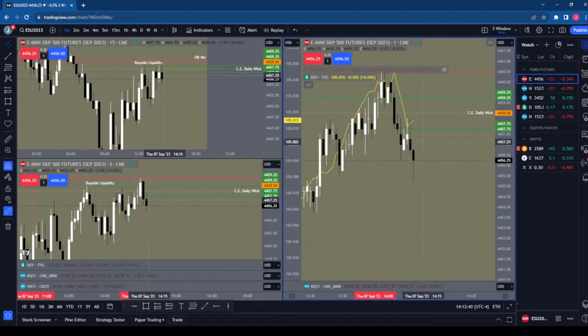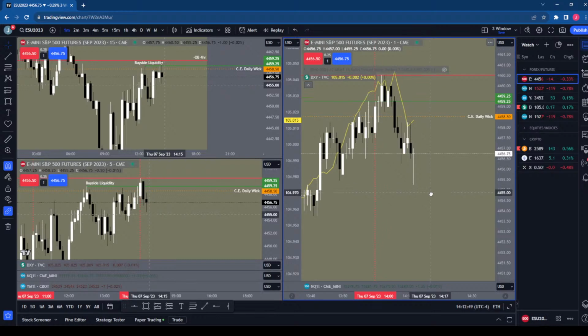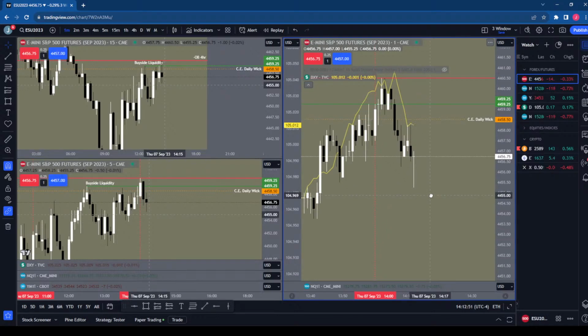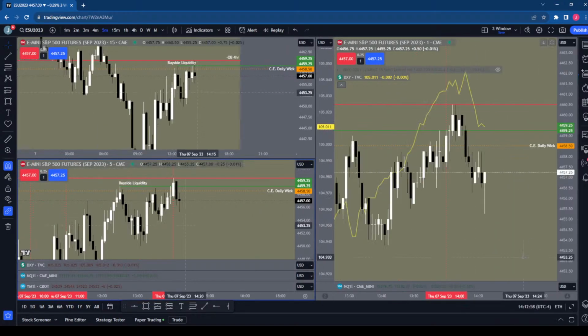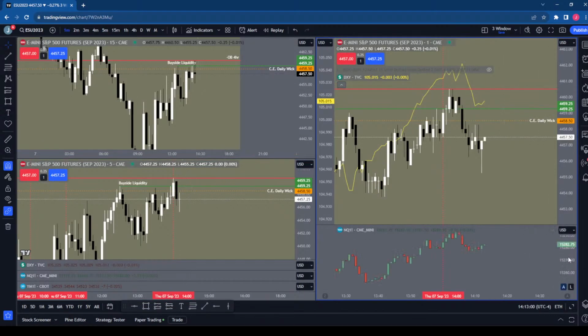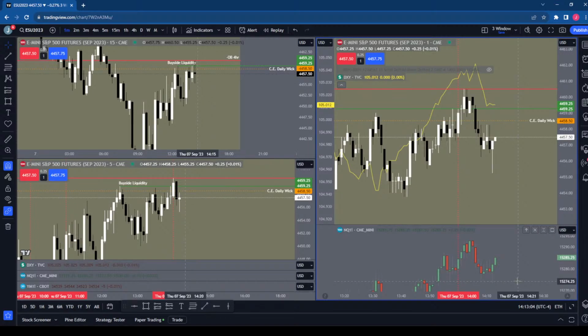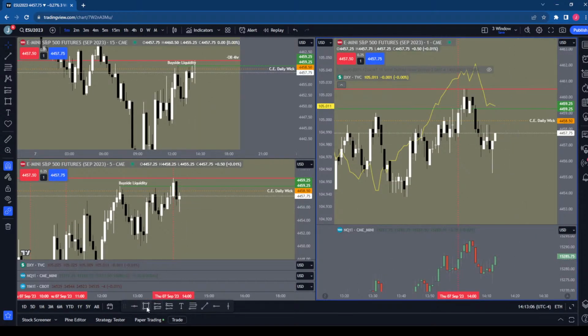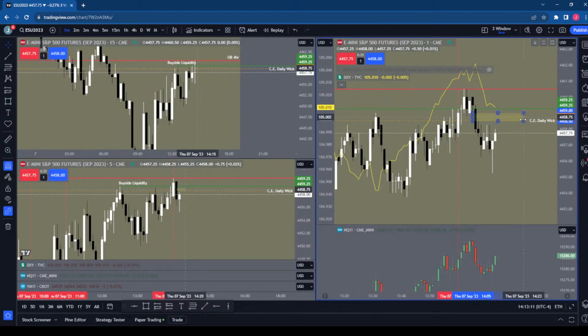I don't have it. Let's see. The NASDAQ 1 minute. It's looking pretty good. We have this fair value gap right here.